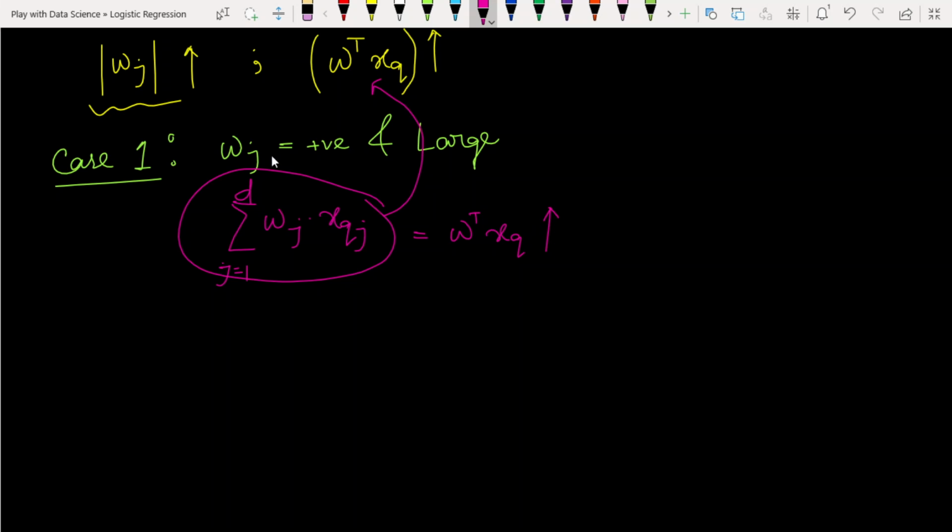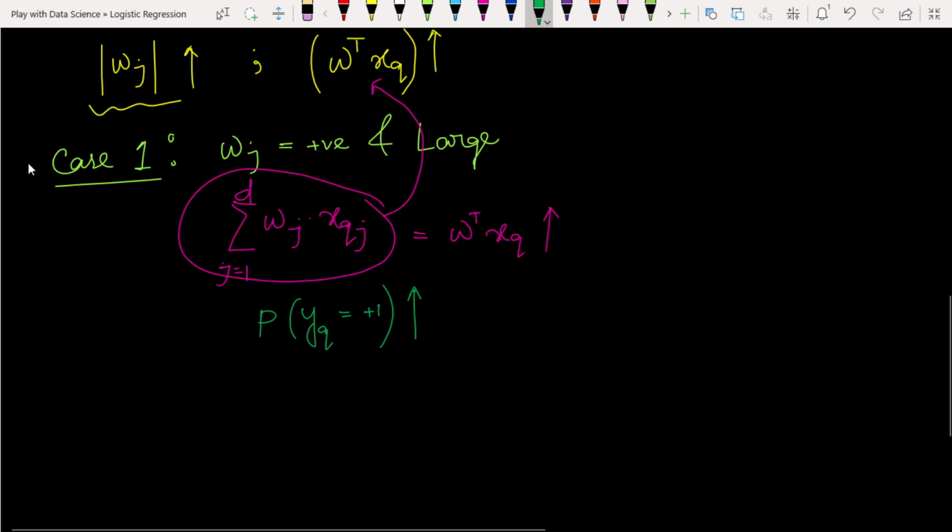If our Wj is positive and large, then the chance that this multiplication is positive and large increases. Then we conclude that P of yq belonging to the positive class also increases, because W transpose xq increases.